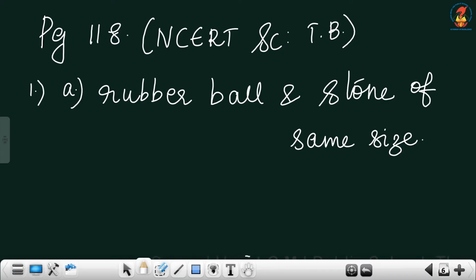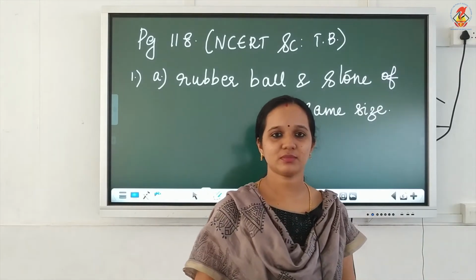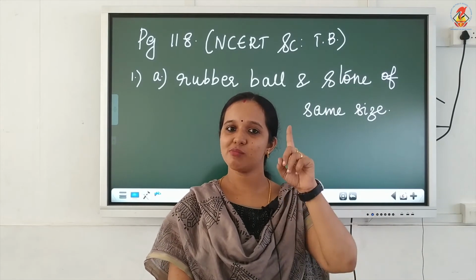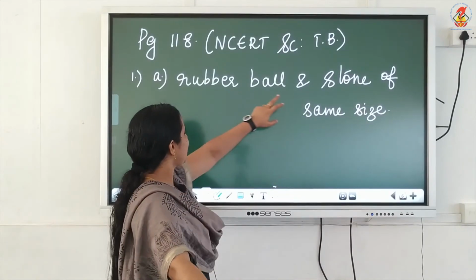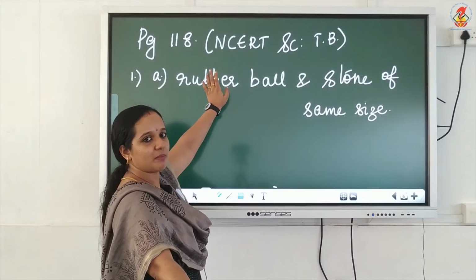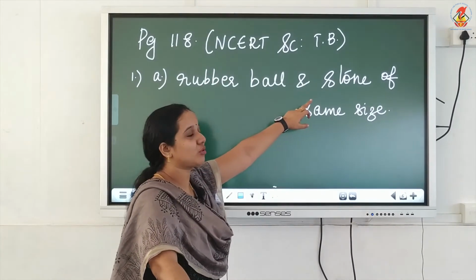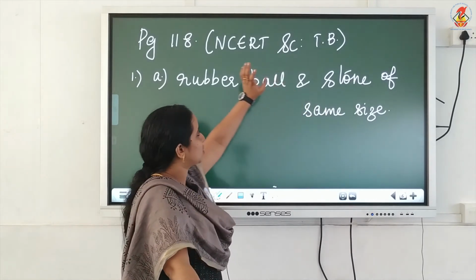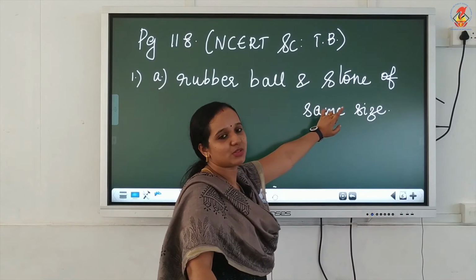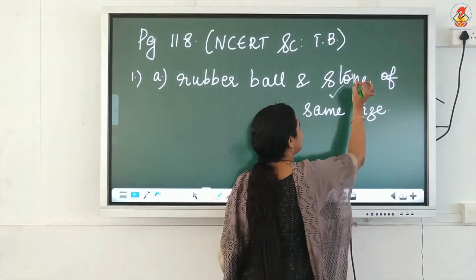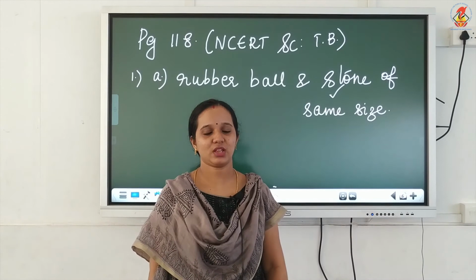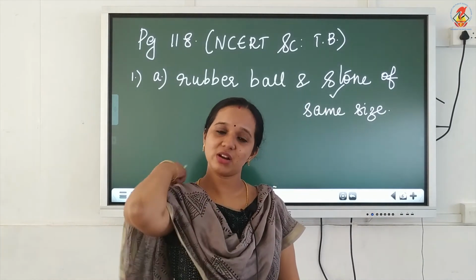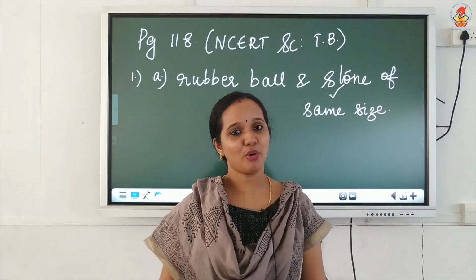Which will have more inertia? As we have discussed, heavier objects have more inertia. Compared to the rubber ball, the stone has more mass. Both have the same size, but compared to the rubber ball, the stone is heavier. So, inertia will be more for the stone, because the stone is heavier compared to the rubber ball.